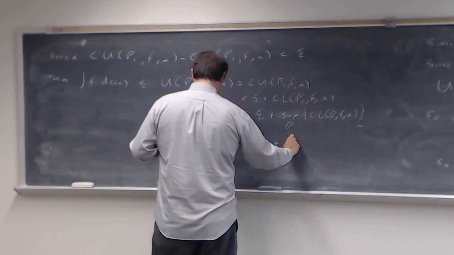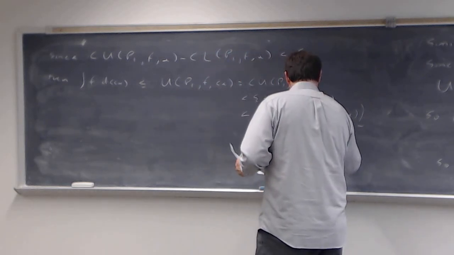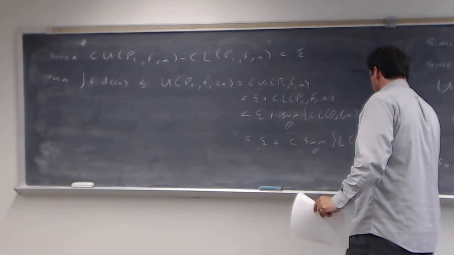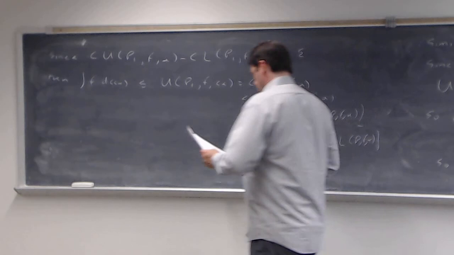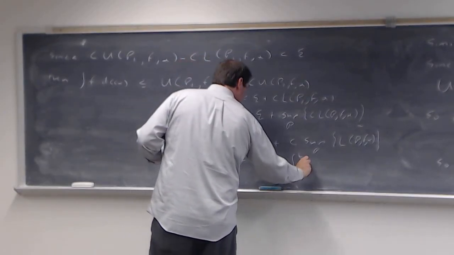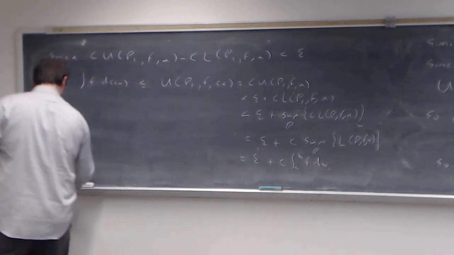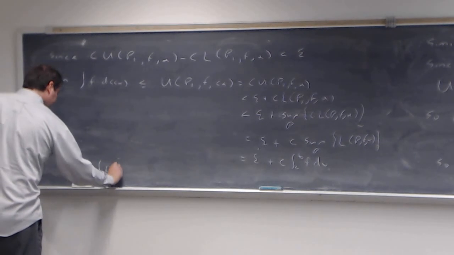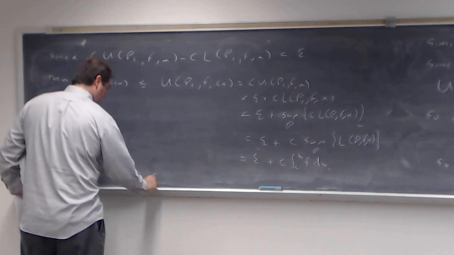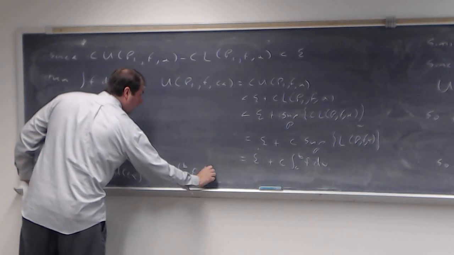This C can be brought out, since it's positive. And that's equal to epsilon plus C times the integral from A to B of F d alpha. So what we have is that this integral of F d C alpha is going to be less than or equal to, because epsilon is arbitrary, C times the integral from A to B of F d alpha.